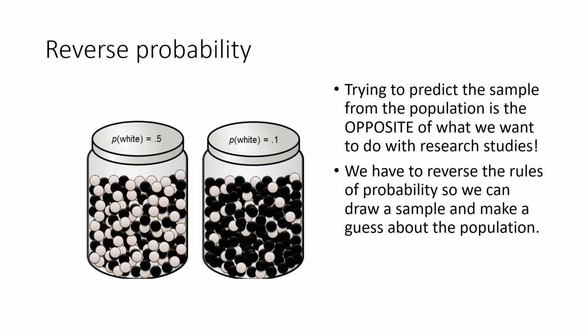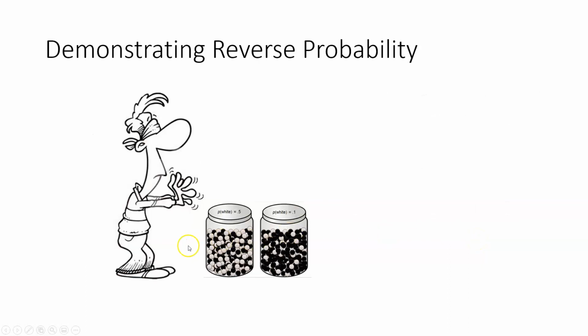In real life, what we want to do is look at what we have in our hands after drawing from a jar and try to guess the kind of population, the kind of jar that it came from. So we have to reverse the rules of probability and make a guess about the population based on the sample that we drew. So this is kind of what that might look like.